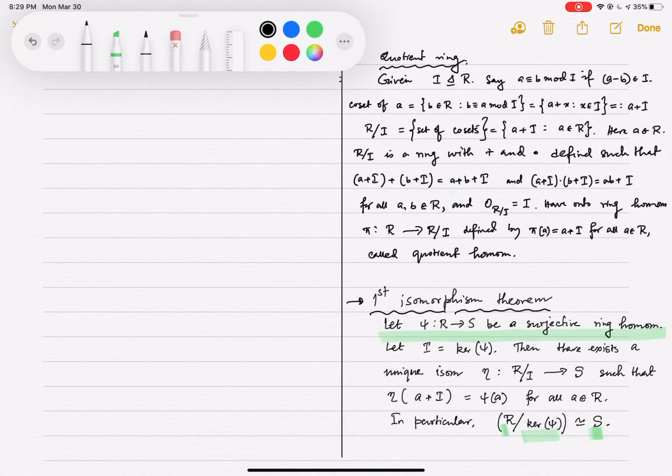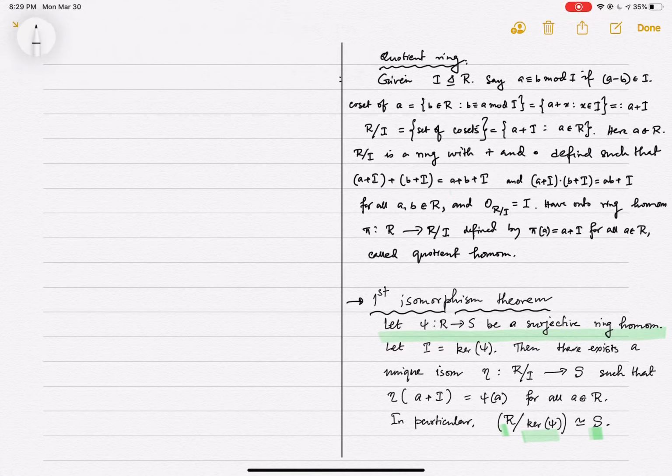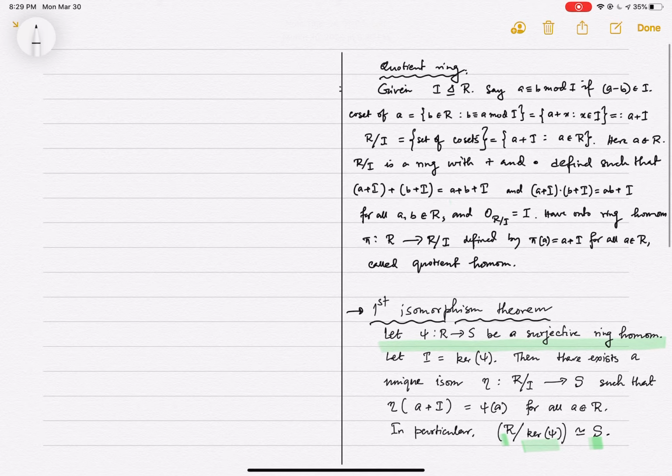So let's go for example 3. I'll again start with the one variable polynomial ring. I'm just taking real number coefficients, but if you wish, you could change it to rationals. You can change it to whatever field you want. We'll just keep it real numbers just to be concrete for now.